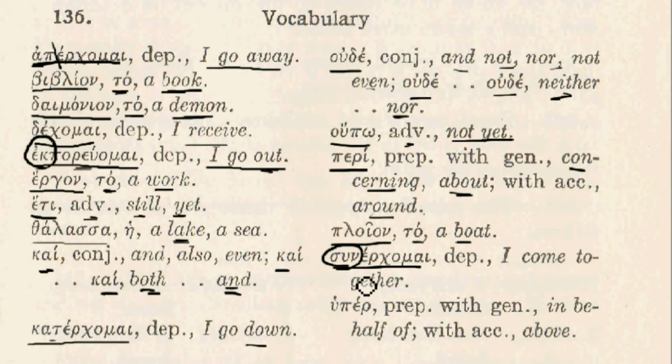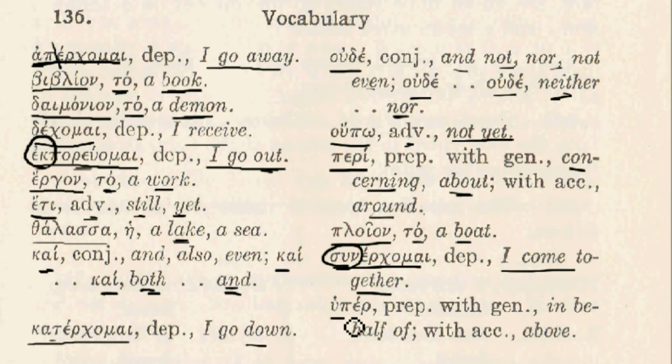Well, it's taken from this Greek word sun, which means together with. Sunerkamai, then, in this particular combination, not surprisingly, means I come together, or we come together, if it were in the first person plural. You get the idea there.